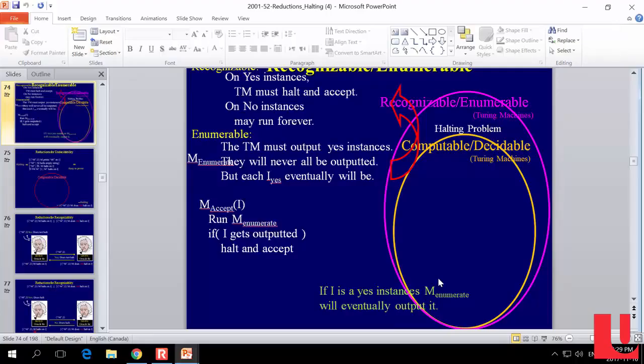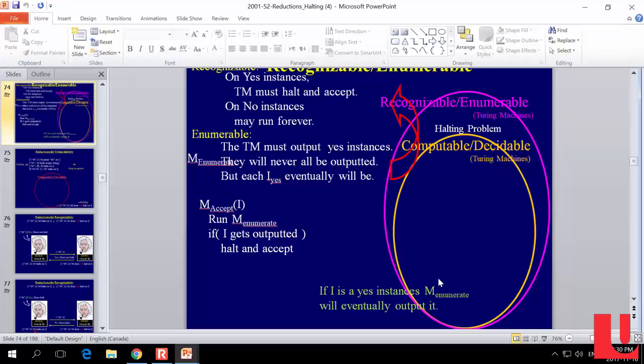What enumerate does is it eventually prints out every yes instance. Every yes instance eventually gets printed out. So what we're trying to prove is that if we had enumerate, then we could have an accept program, right? And what is the accept program supposed to do?